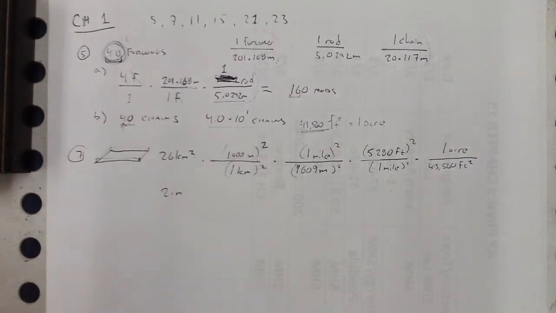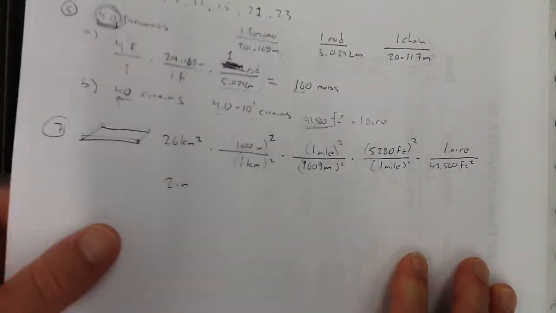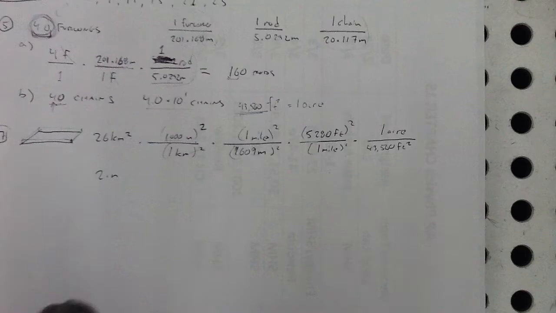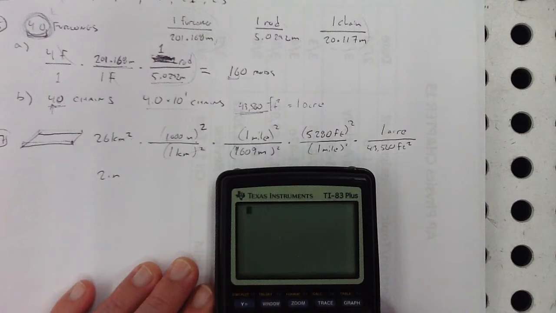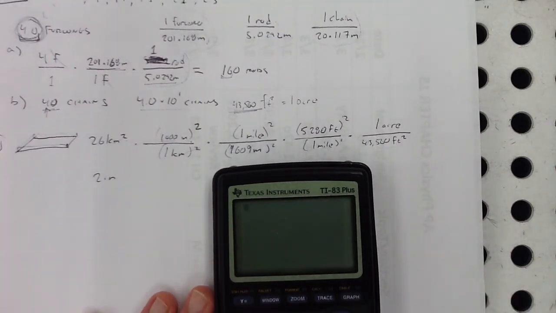All right, so let's multiply this chain of things together. I don't know if you can see the screen there, but you know how to use a calculator. So 26 times 1,000 squared, divided by 1,609 squared, multiplied by 5,280 squared, divided by 43,560.